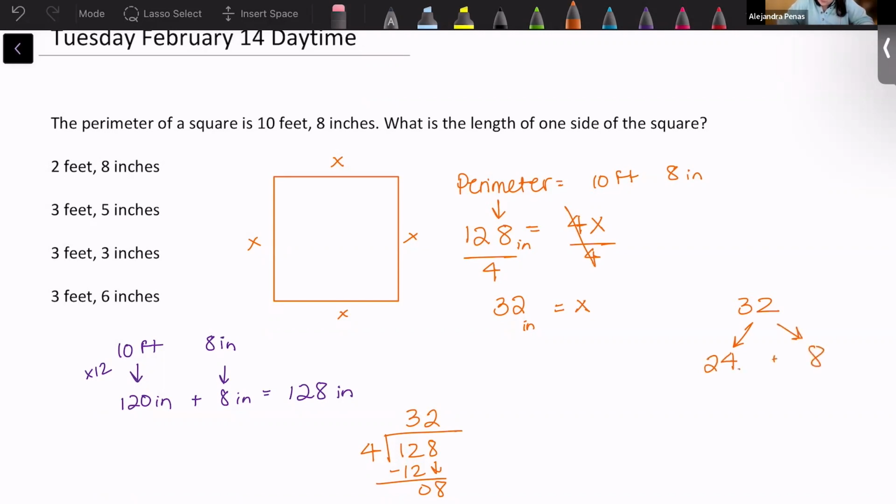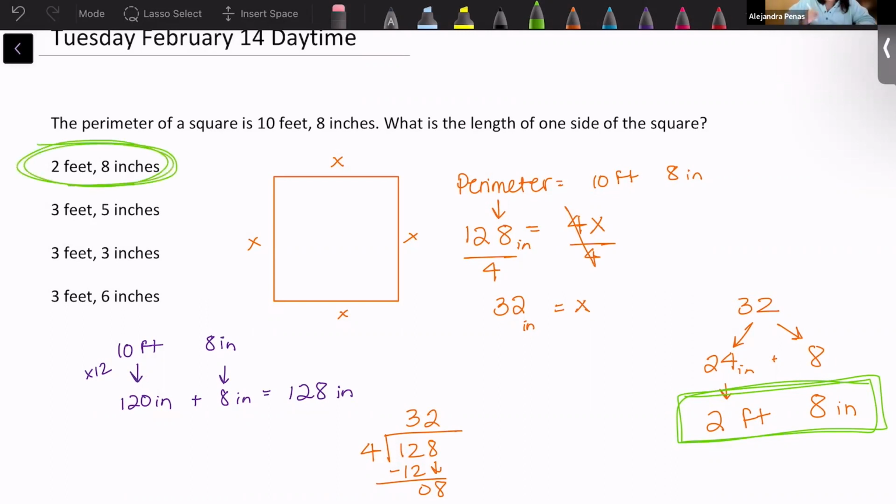But what's 24 inches? 24 inches is the same thing as 2 feet because 24 divided by 12 is 2. So this is going to be 2 feet and 8 inches would be your final answer. Again, another way to do that is to just divide the 32 by 12, but then you're going to end up with a decimal. You're going to have to turn that decimal back into inches. It's kind of complicated. I think this is a little bit faster and easier. So your final answer would be 2 feet and 8 inches.